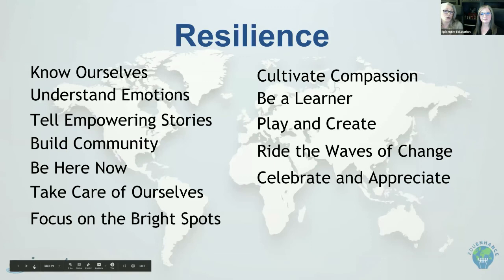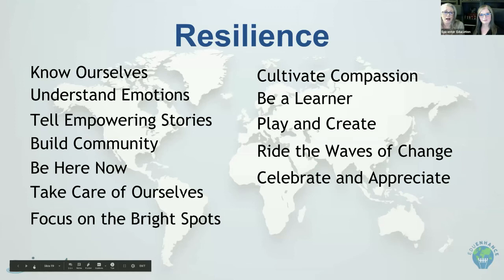I'm going to just go through a few steps that she mentions in her book on how to build resilience. These are some things that you can work on with students. The very first thing she talks about is that we really just need to know ourselves.